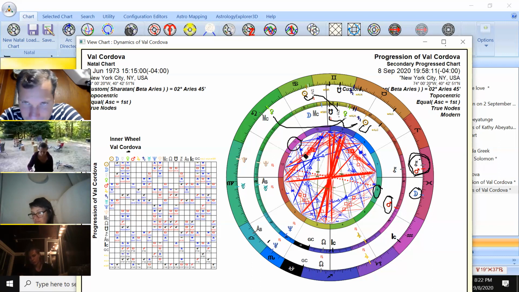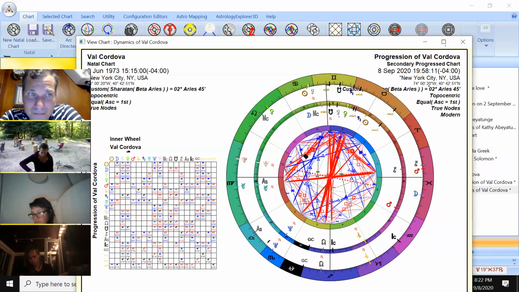We've got Sun conjunct Mercury in Cancer, and we've got Venus in Capricorn in the 11th, 10th, Venus in the 7th, and Leo, 6th. Yeah, it's Leo. Sorry, I can't see very well. So that's how I would do it, I would move through it.